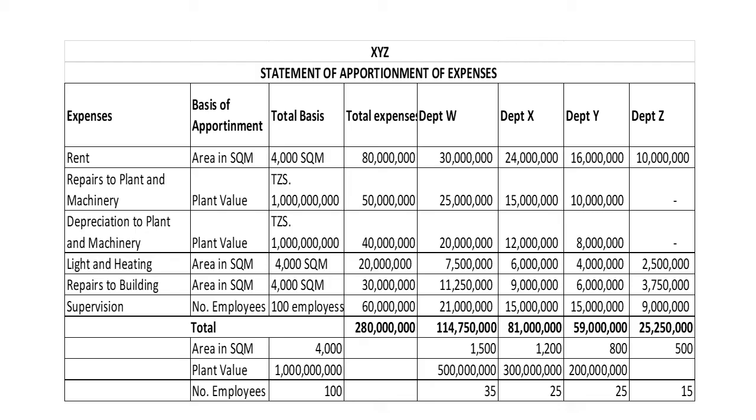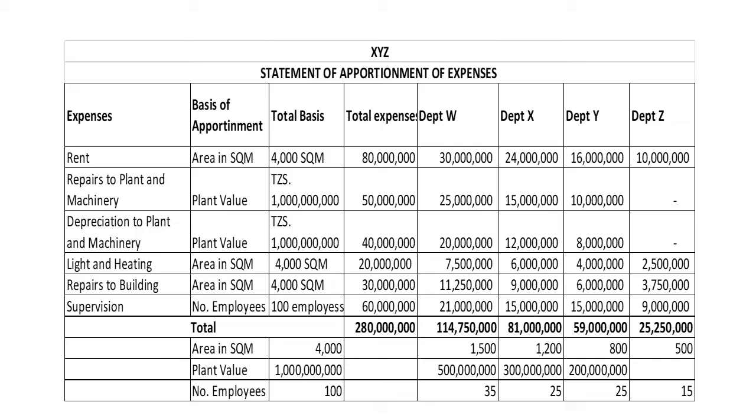The total value of plant is 1 billion, with departments W, X, and Y. Department Z does not possess any plant, and therefore no distribution will go to department Z. So to distribute this 50 million, we take the value of plant in department W divided by the total plant value, which is 1 billion, times 50 million.